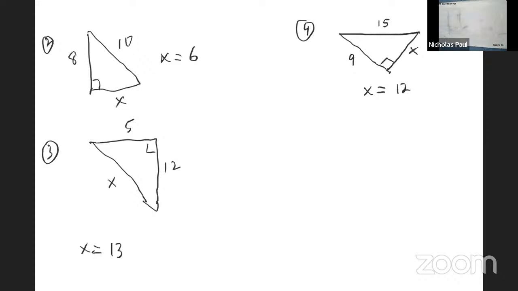Right, so what I'm showing you there is that you do have to go and work these numbers out. But if you don't know it, like this one here, you'll have to work it out.